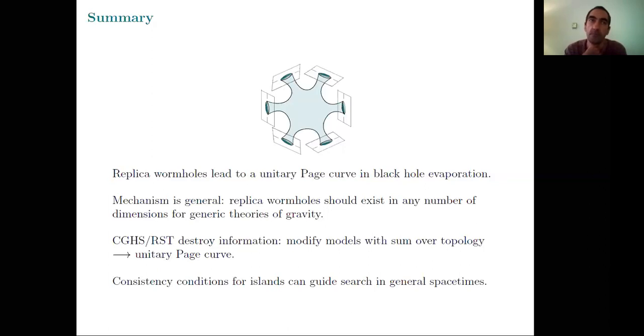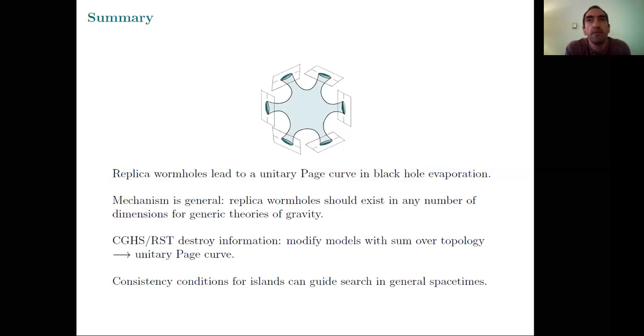So it's not clear to me how decorating that with topology change is going to change the fact that the information behind the horizon is causally disconnected from the radiation going out to infinity. So I wonder if you have some comments about that.